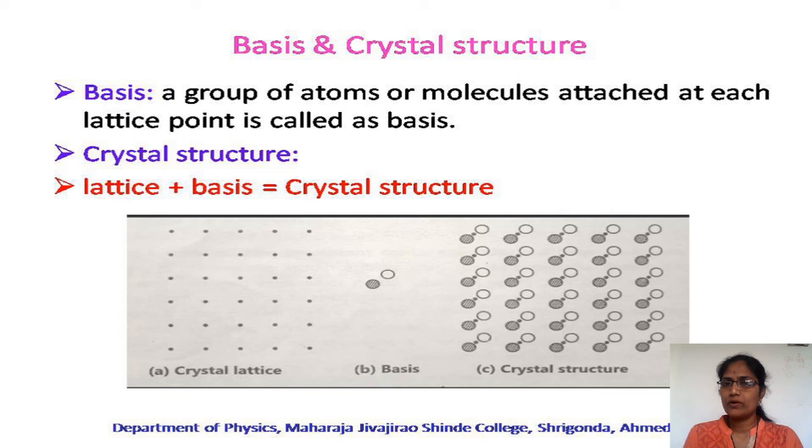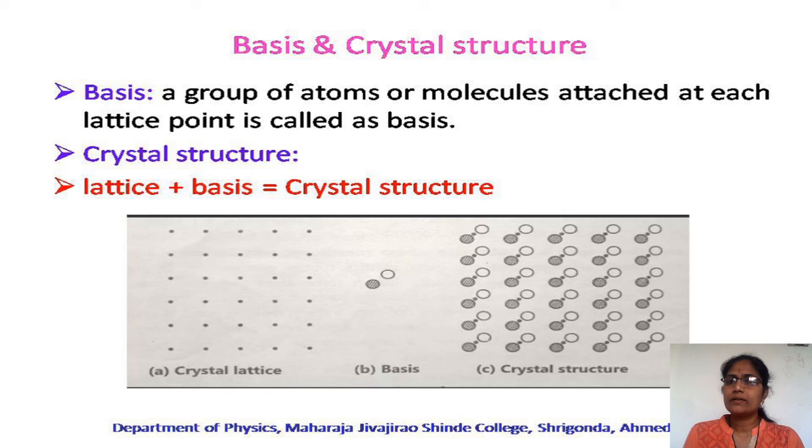It means that the arrangement of points will form a crystal lattice, and the atom of copper that we are going to place is called the basis. This lattice plus basis is going to give us the crystal structure of copper. Hence, lattice plus basis gives us crystal structure. So what is basis?